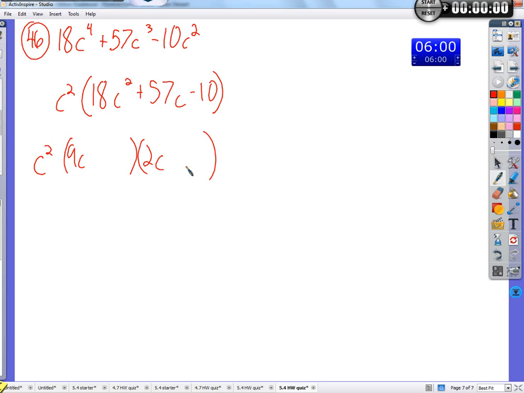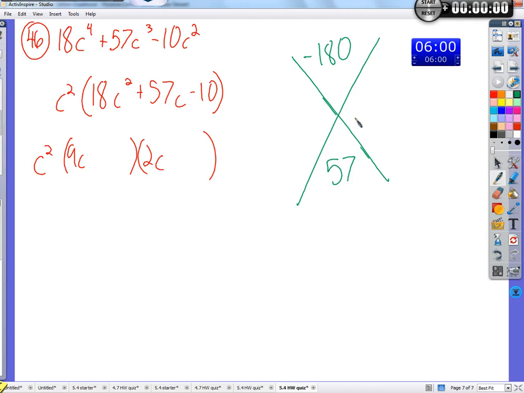So that's where we use an AC method. If you choose, this is what I choose to do. So what goes here? AC. So there's A, there's C, and so that's negative 180. Here is B. And what are we looking for here? 2 numbers.